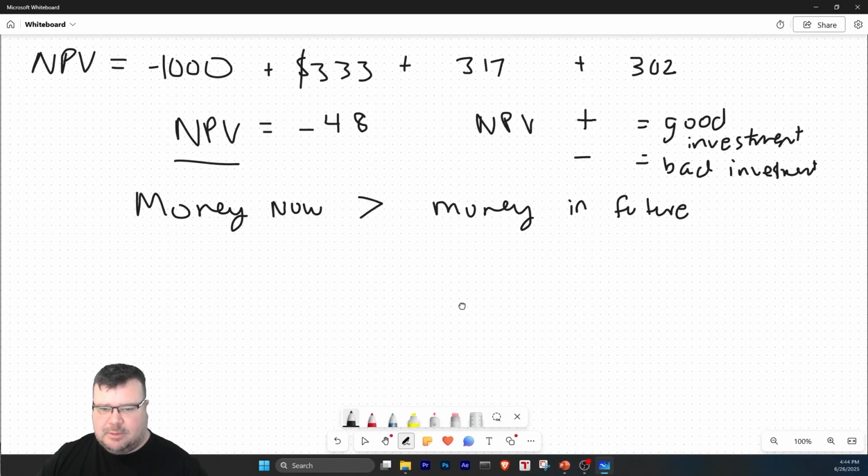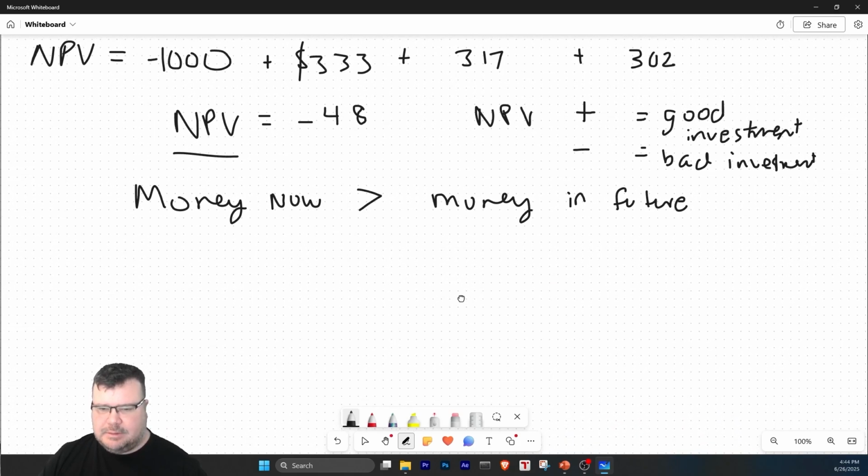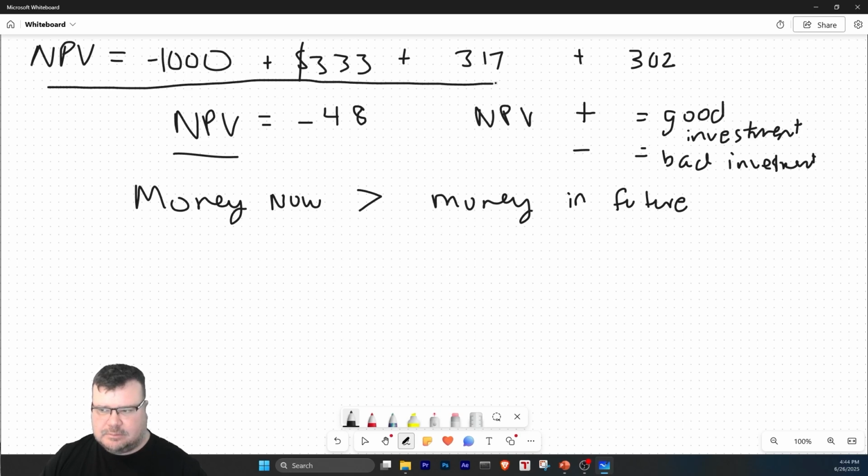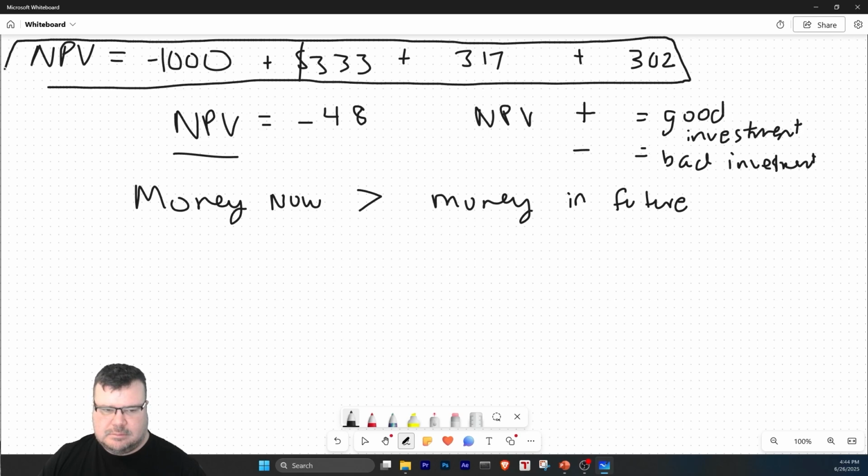Okay, so there's one more thing we've got to do, and this is very interesting. We're going to take this equation for net present value right here, and we're going to bring it down. Next thing we're talking about is internal rate of return. To find the internal rate of return, we are going to set net present value equal to 0.